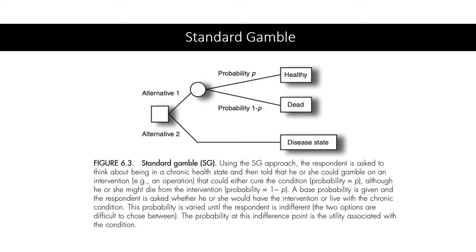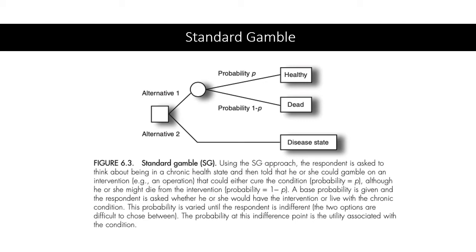Now in alternative 1 itself, after the intervention, the person may turn out to be healthy with probability P, or there are chances that the patient may die, that is 1 minus P. The base probability is given and the respondent is asked whether he would have the intervention or stay with the chronic condition.